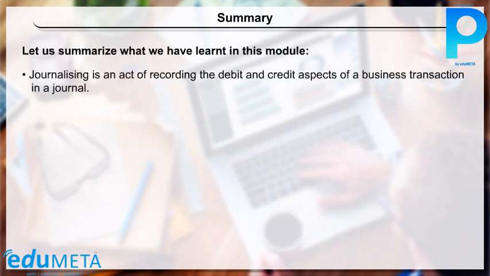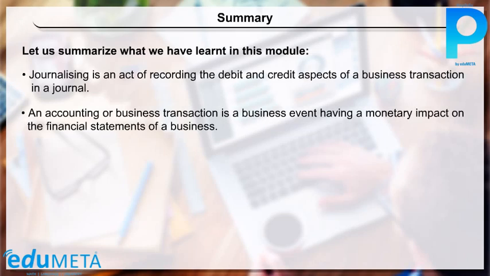Journalizing is an act of recording the debit and credit aspects of a business transaction in a journal. An accounting or business transaction is a business event having a monetary impact on the financial statements of a business.